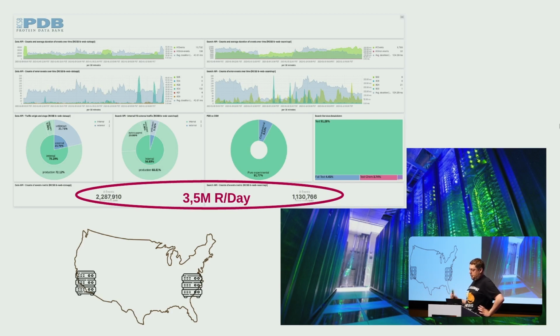It serves somewhere around 3.5 million requests per day. They are not distributed evenly, so the peak is always working hours. It's distributed on both coasts, the West Coast and the East Coast, and it's hosted by the San Diego Supercomputer Center running Ubuntu servers.